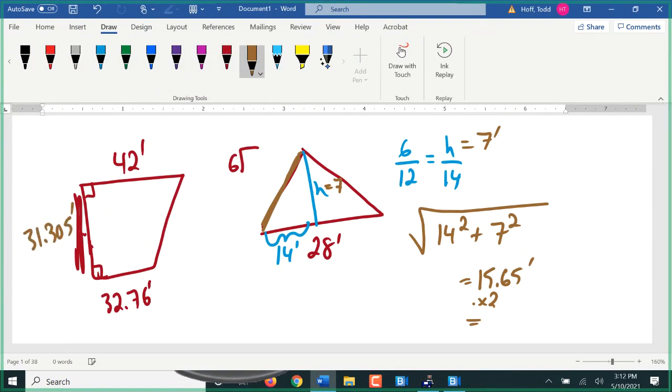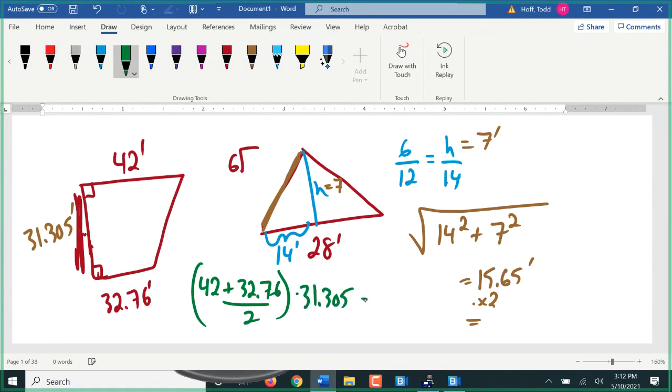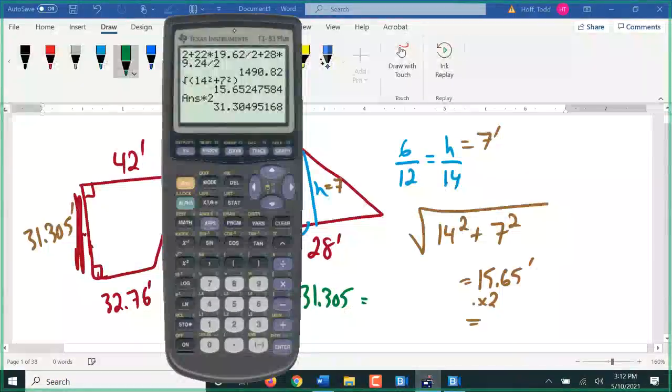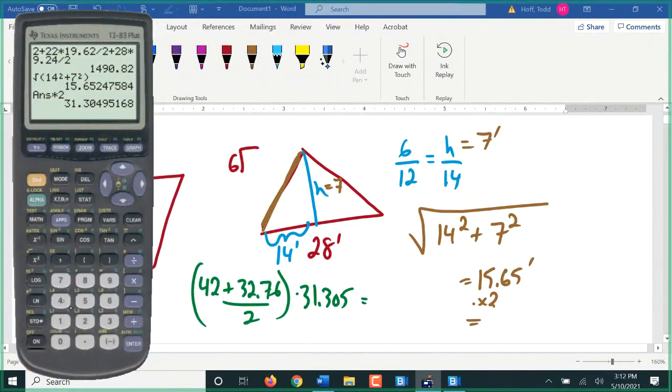So that area, remember the area of a trapezoid is the average of the bases. 42 plus 32.76 divided by 2 times the height of 31.305. Make sure you hit equals before you divide by 2, otherwise it'll mess it up.